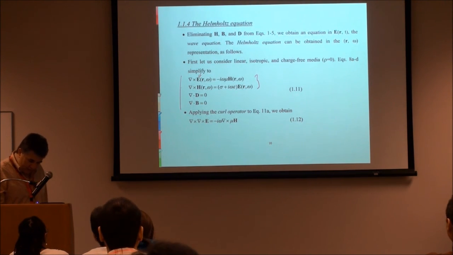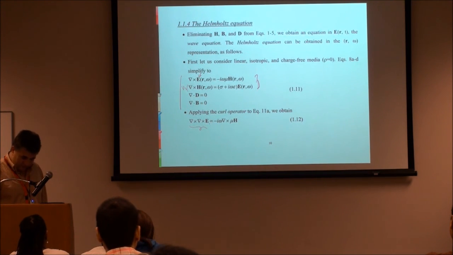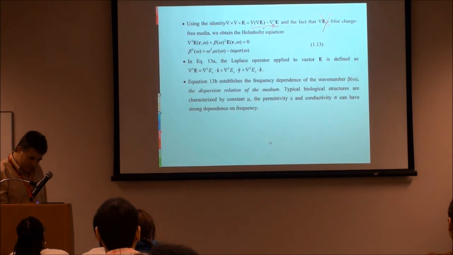So we apply a curl here. You see what I'm trying to do? If I apply a curl here, I have this equation that already has the curl in it. So basically I apply this curl here. I use the property of the curl of curl right here. And we're going to get the divergence of E equals 0. So I end up only with the Laplacian.